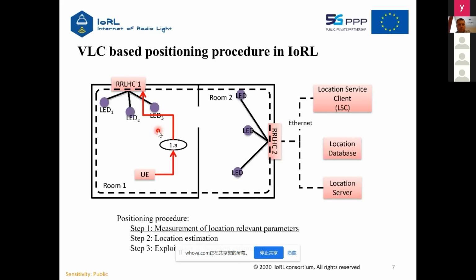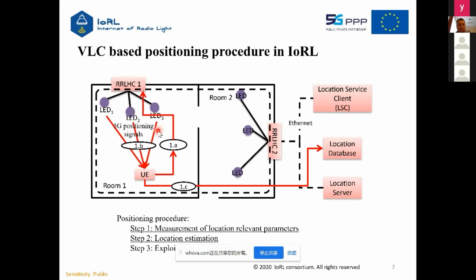In this step, firstly, the user equipment sends the positioning request to the controller, and then the controller sequentially broadcasts the series of LED IDs in TDM mode. The user equipment receives the ID from all LEDs in one row, and it will report the LED ID to the location database by using TCP/IP packets.